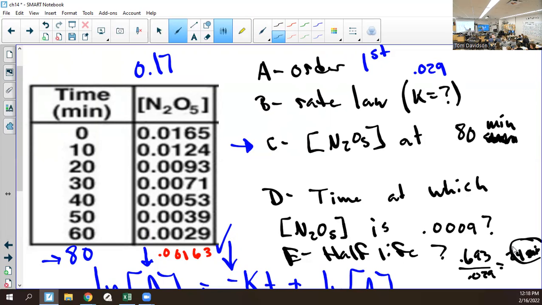Half of 0.0165 would be 0.008, right? And we were saying it's here. Is 0.008 in between these two? Yeah, so it's reasonable, so it's probably right. You okay with that? Like that one should be money. If you get k, you can get half-life on first order.